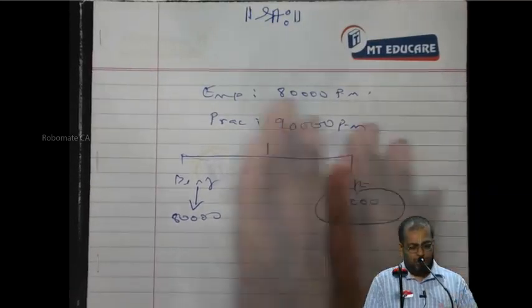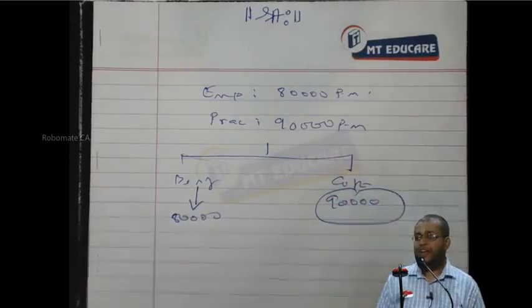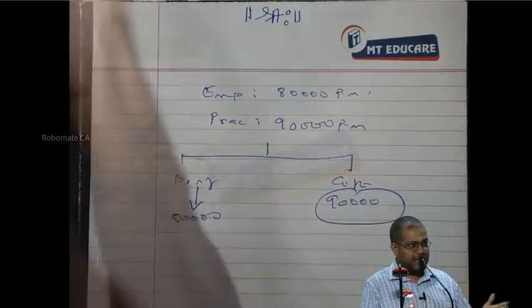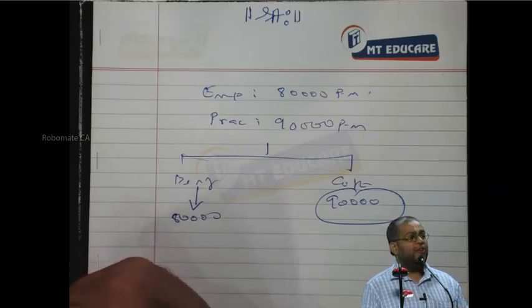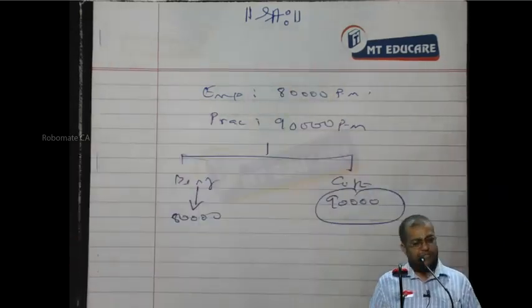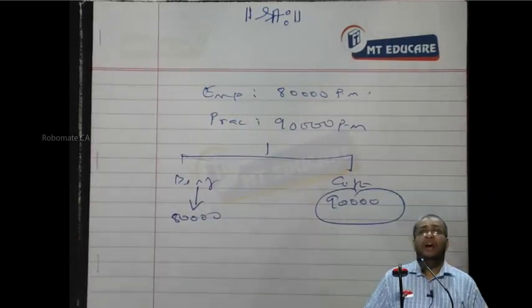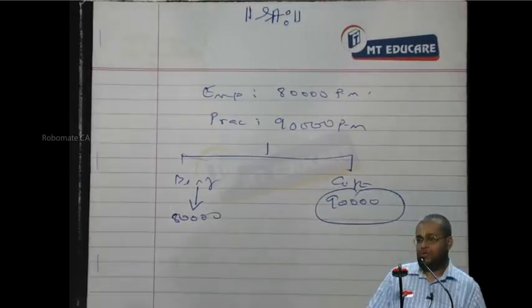Namely, I want to classify the cost to calculate the company's profit and value the company's stock. What is the first purpose of classifying a cost? To find out the profit of a company and to value the stock of a company. The second reason why I should classify cost is for the purpose of decision making. And the third reason why I should classify the cost is the purpose of control.